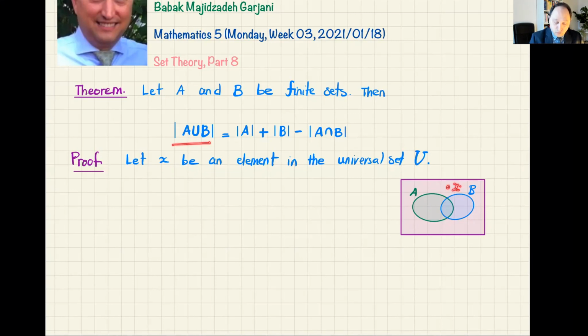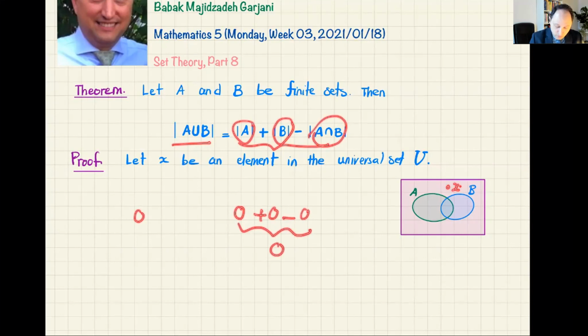No. So on the left-hand side, if X is there, it is counted 0 times. But how many times is it counted on the right-hand side? Here, it is not counted, so 0 times. Here, it is not counted because it is not there. Here, it is not counted, so it is 0. So if I calculate, this number is 0. So for this situation, the left-hand side matches with the right-hand side.